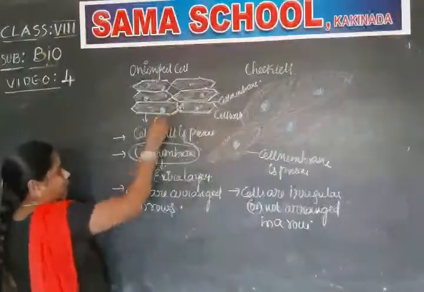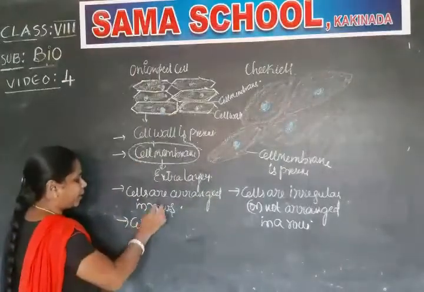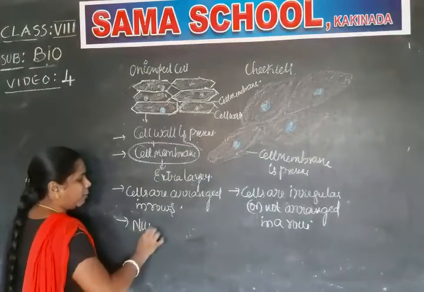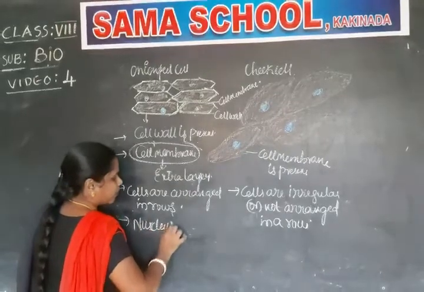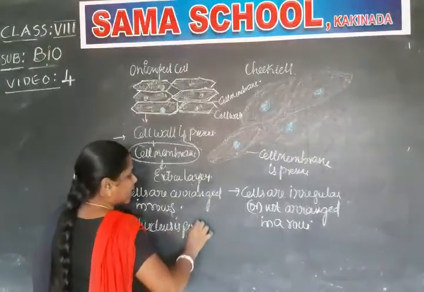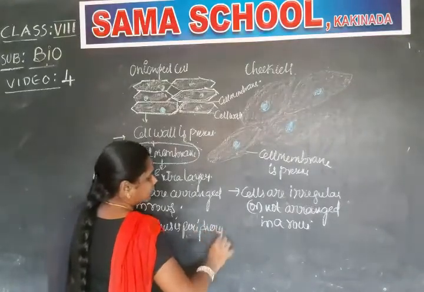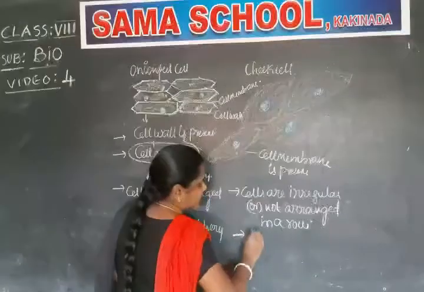Understand? Here you can see the nucleus is in periphery, means it is not in the middle. The nucleus in periphery means in the edges. Here nucleus is in the center.